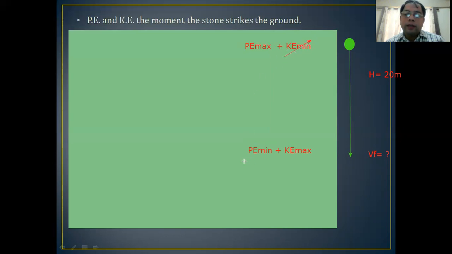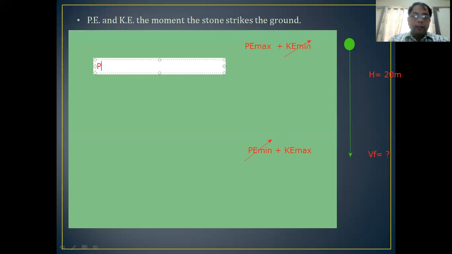If this one has no height, then this value will also be zero. So if the total is a constant, then PE max at the top will be equal to KE max at the bottom.